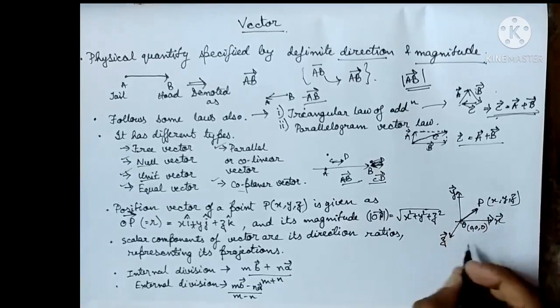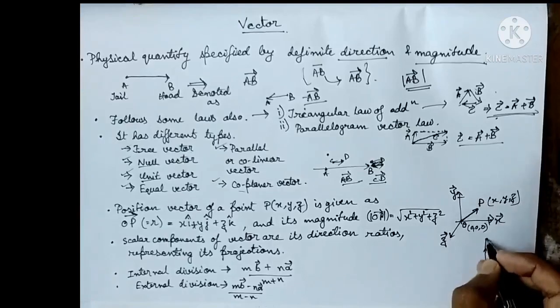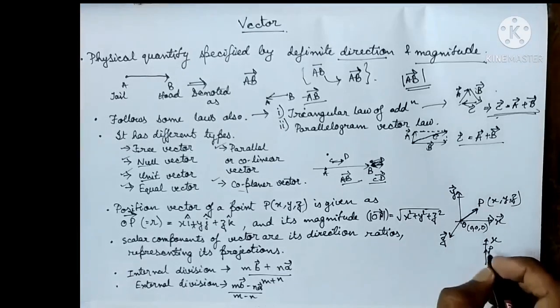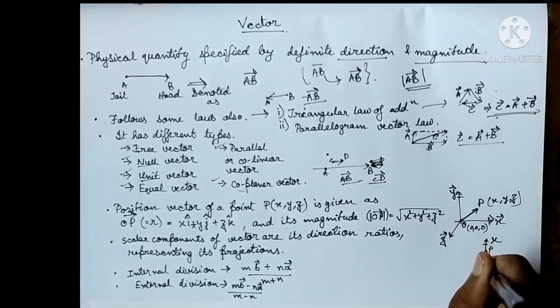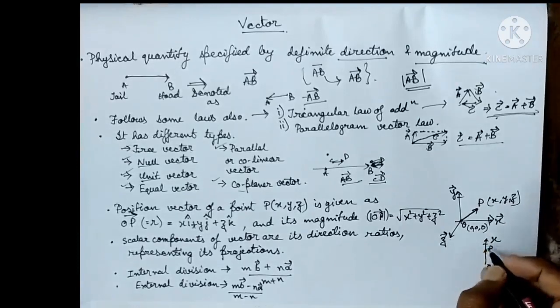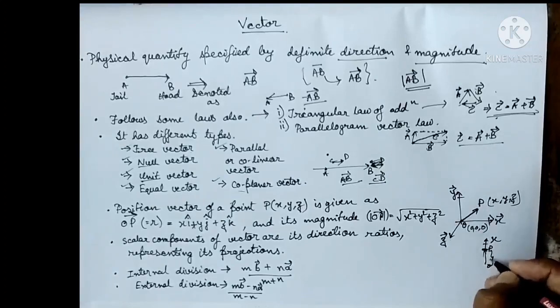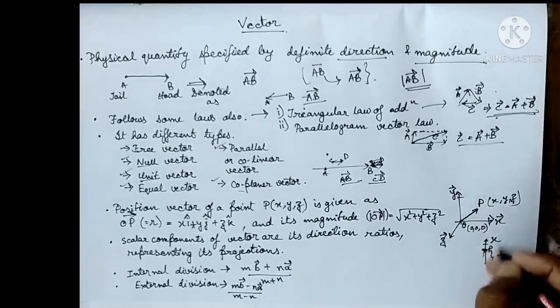If we see from the upper side, let this be OP and this be the x-axis. If we throw light perpendicular to the axis like this, then we will get a shadow here. This length would give us x. This is the projection of OP on the x-axis.